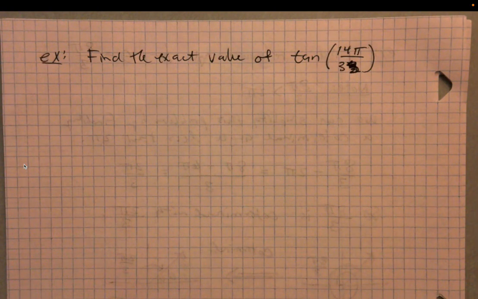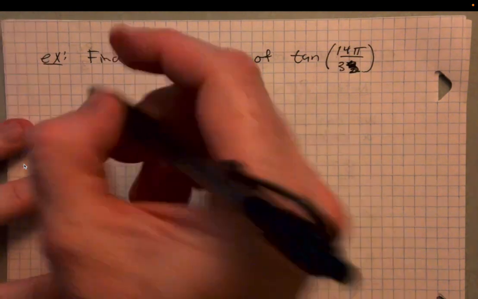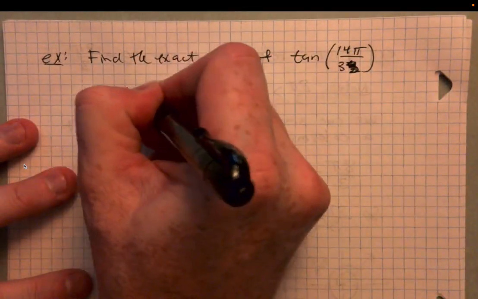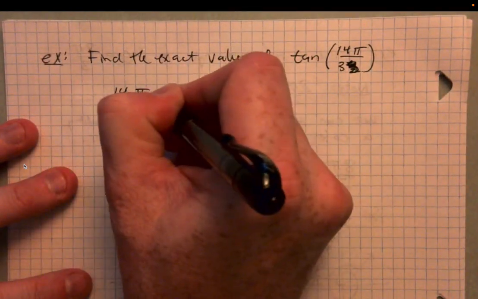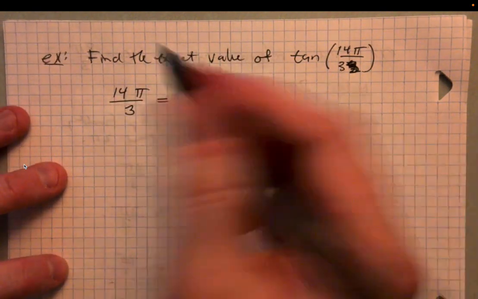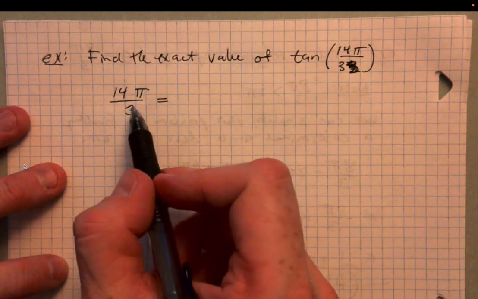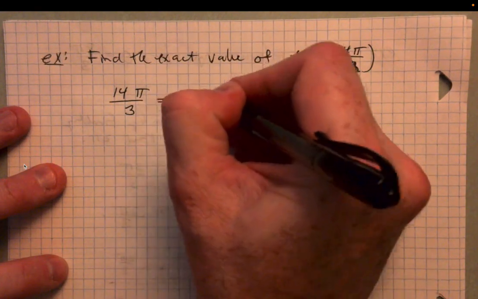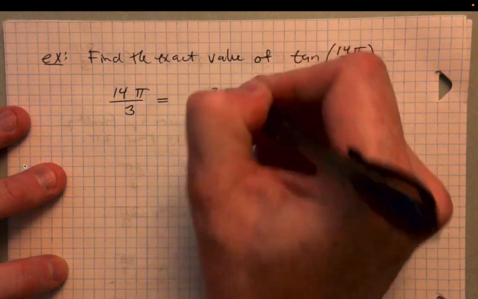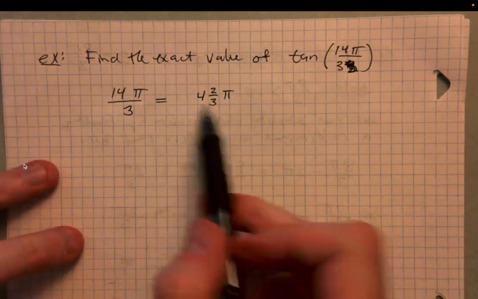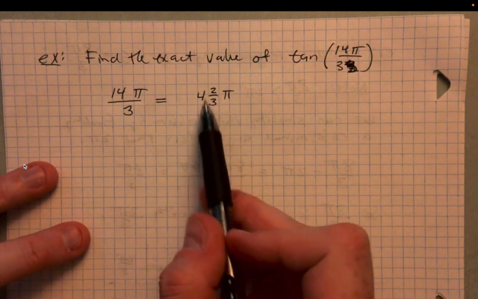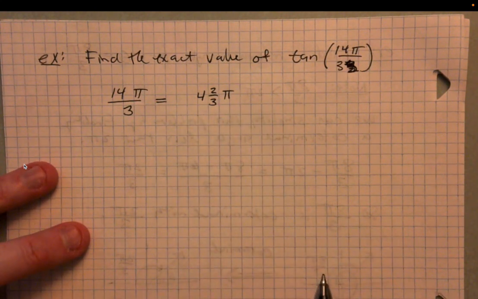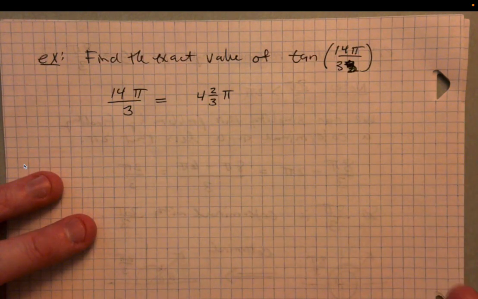But we could start by finding a coterminal angle less than 2 pi. So let's do that. One way to think about this is to notice that 14 over 3 is like 4 and 2/3. So 2 pi is a whole revolution. This is 4 and 2/3 pi, so that means we can subtract 4 pi from this.